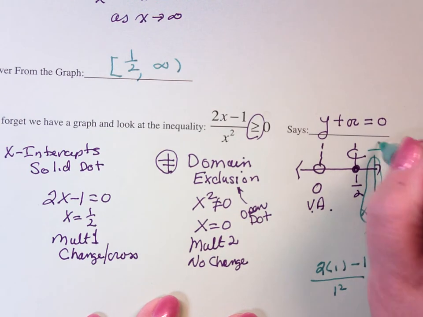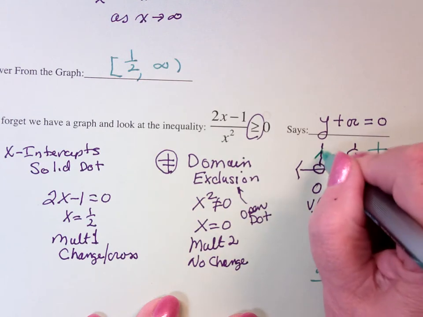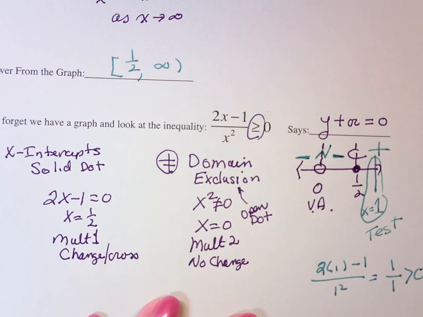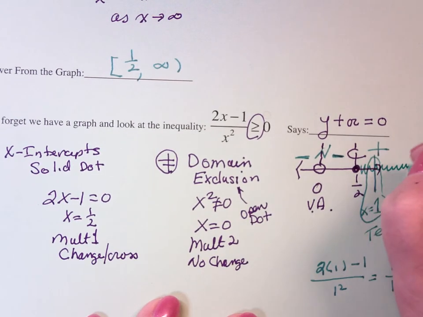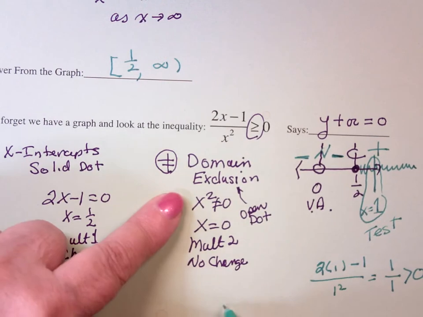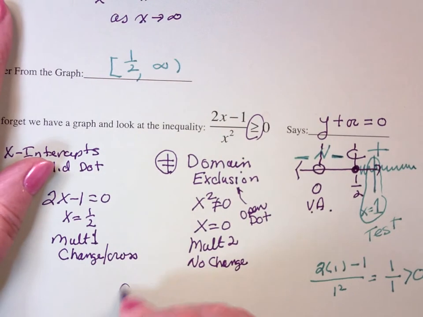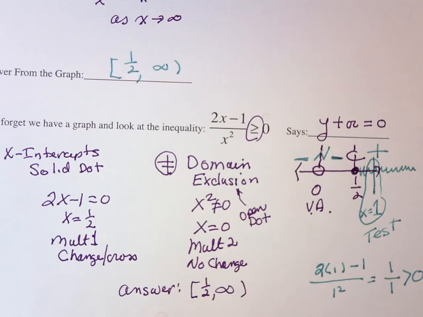So positive, change, negative, no change, negative. And what am I looking for? I'm looking for positive, so from there, I get that my answer is 1/2 comma infinity, and it certainly matches my graph. That's what we got when we did the graph.